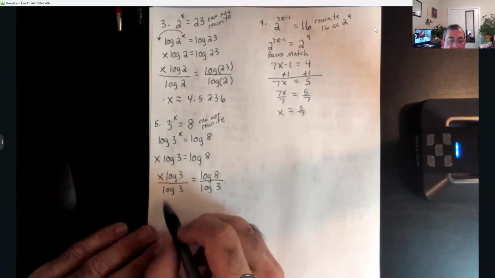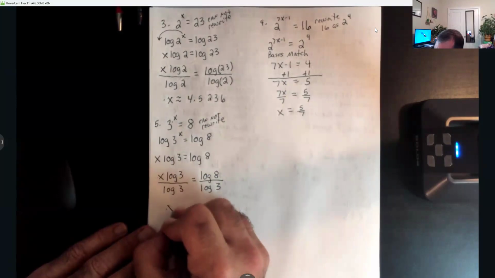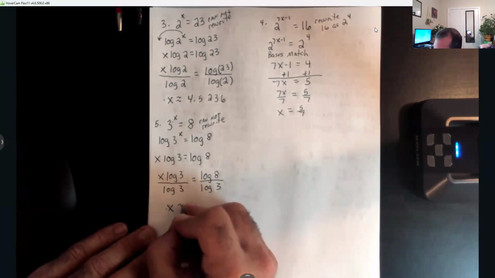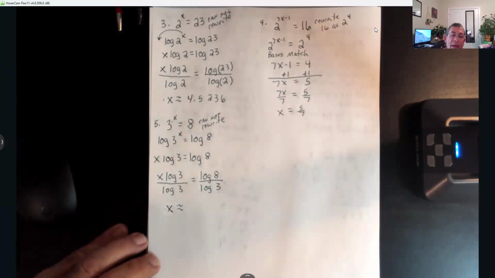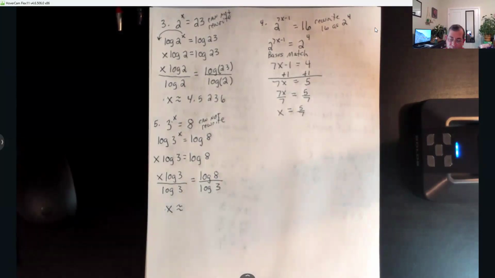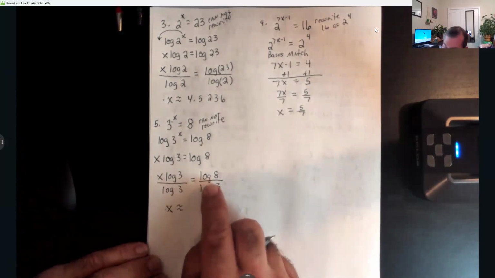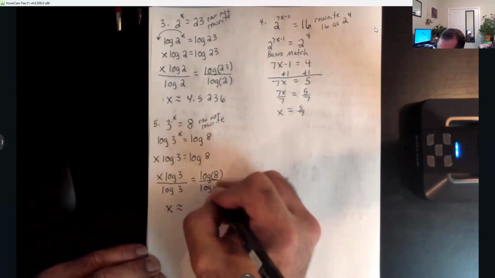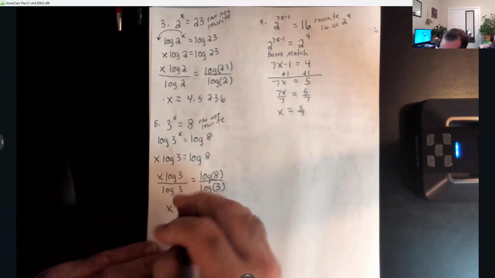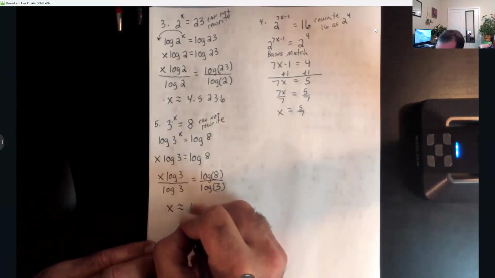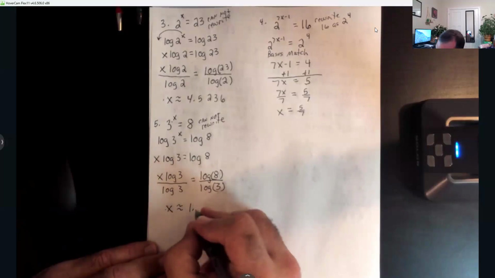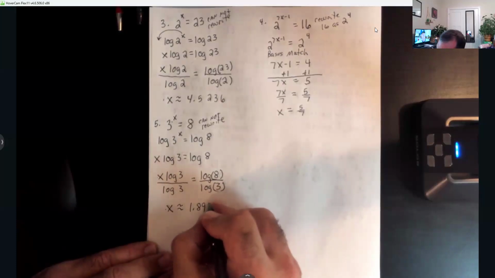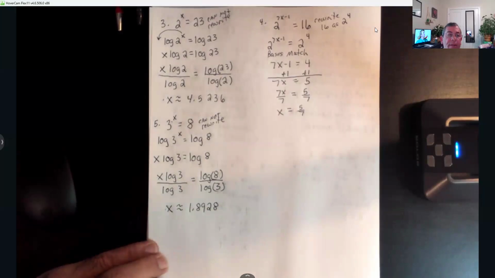So y'all, the logs cancel, leaving my x. Once again, this is going to be an approximation. Now, when you punch this in, remember, you will have to put your parentheses around it. On that one, I ended up getting 1.8928.